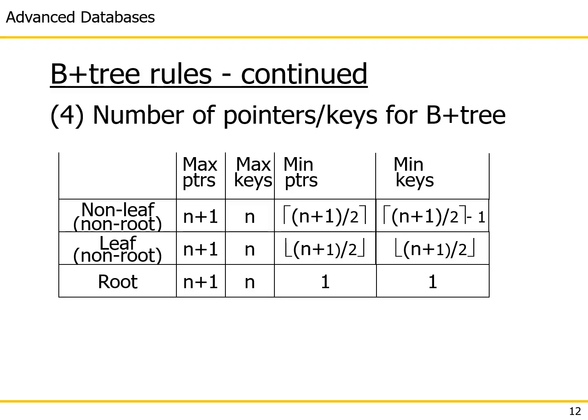So always the number of pointers is plus 1 the number of keys, or in other words, the number of keys is the number of pointers minus 1. Now for the case of the leaf, the number of keys is going to be the same as the number of pointers if we exclude the sibling reference that we discussed already.